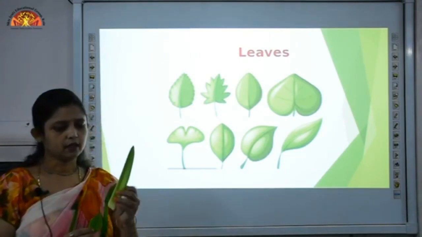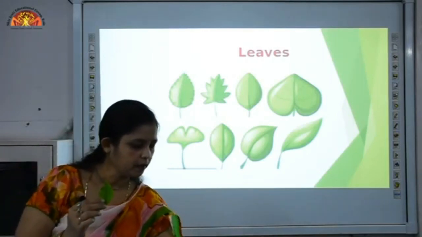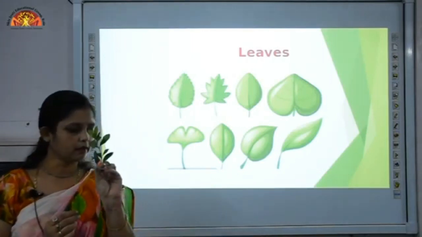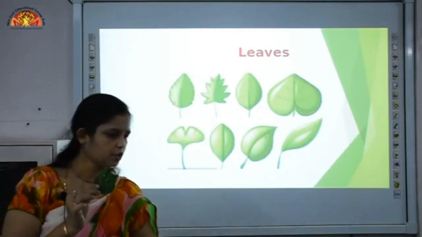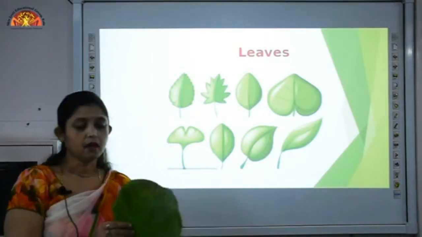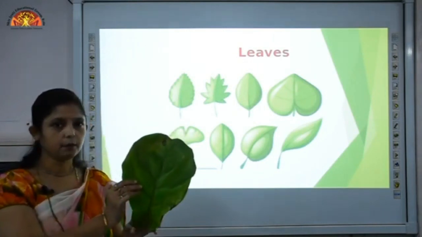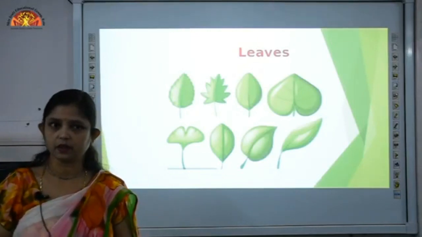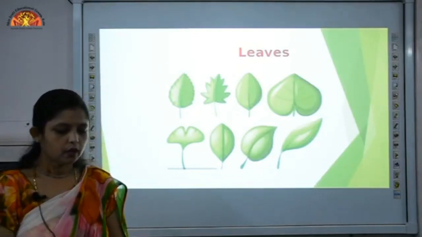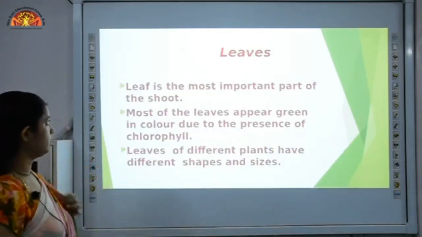You can see, this is long, while this has a different shape. These leaves are very small in size. This is somewhat oval in shape. Then there are big leaves. Some leaves are small, some leaves are big. So there is a variety of leaves, and we can identify the plants with their leaves. Now we will study the leaf in detail.